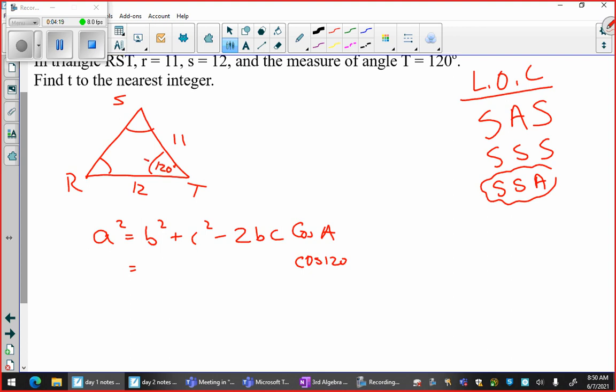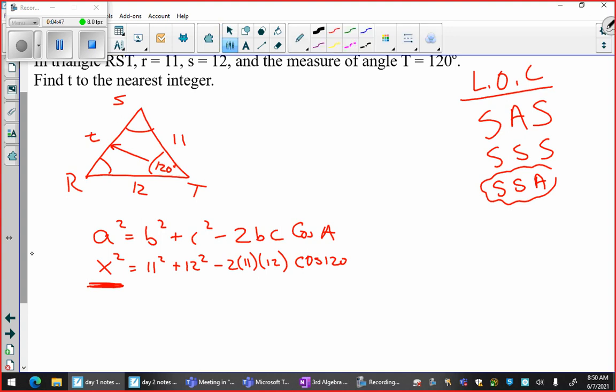So this has to be little t, which we don't know anything about. B and C are really going to be little r and little s, so I could put them in either order.